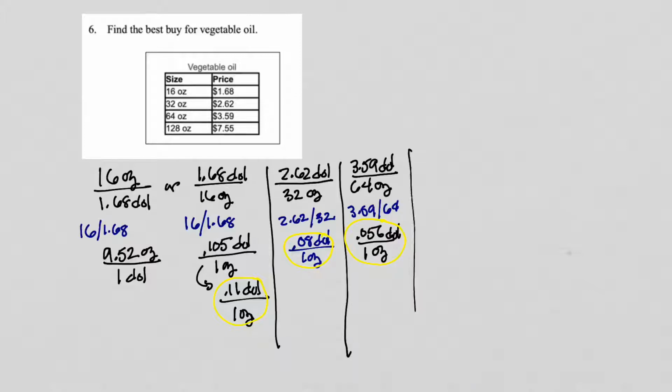And then the last one, down here, what have we got for the last one? We've got $7.55 for 128 ounces. So on our calculator, we're going to put in 7.55, divide that by 128. Let's see, I'm getting 5.898, about 5.90.